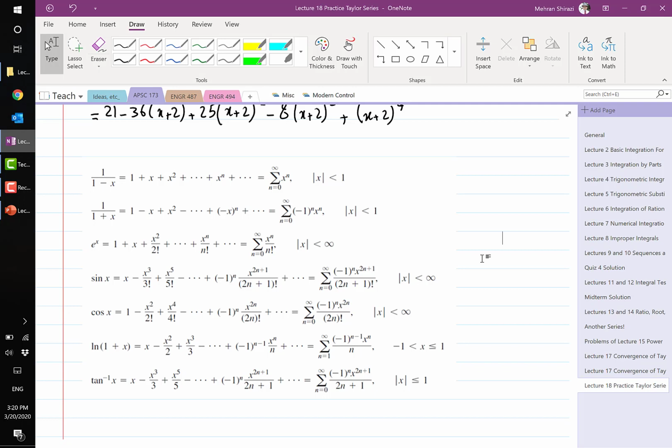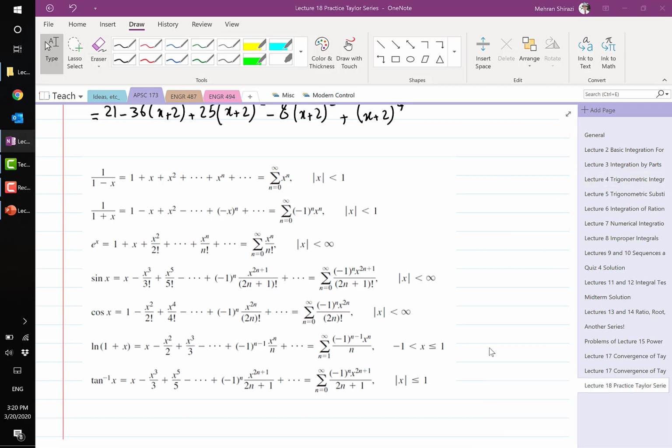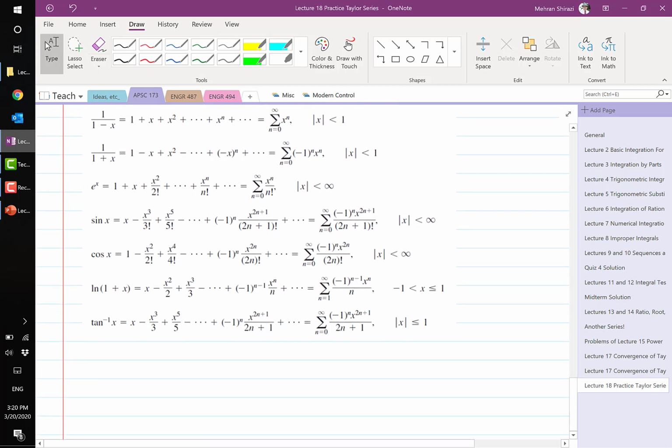Now I just want to solve one of the questions in assignment 10 from the last section, which uses these equations to find the intervals of convergence. So just to give you some ideas, I'm going to solve, for example, question 37.